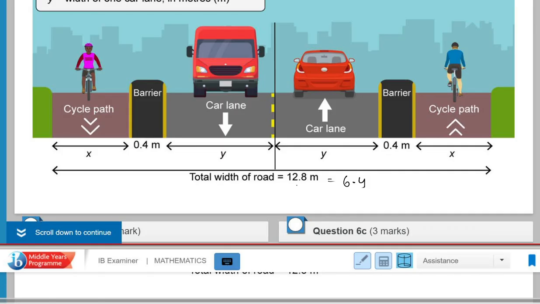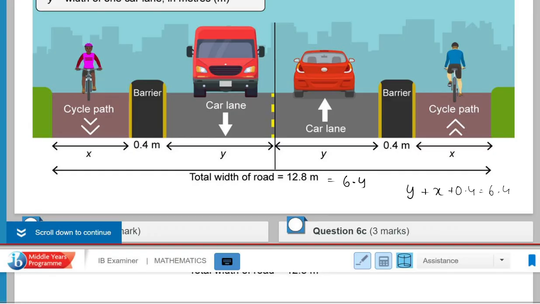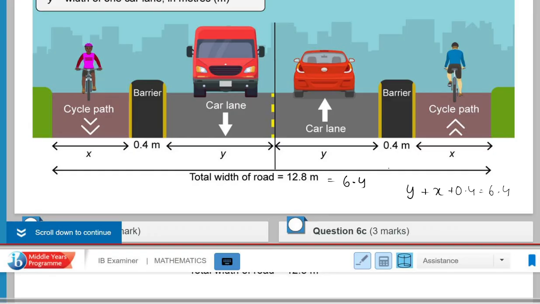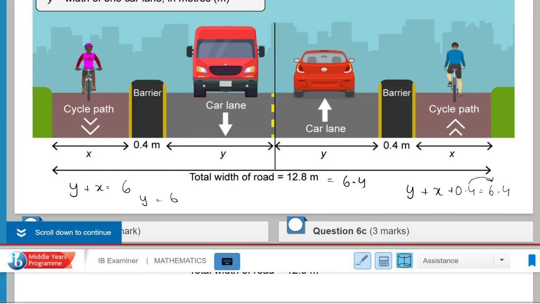Okay. So can I say that y plus x plus 0.4 equals 6.4? Definitely can, right? What if I move 0.4 here? So this becomes y plus x equals 6.4 minus 0.4, which is 6. And y becomes 6 minus x. So here I've proved it.